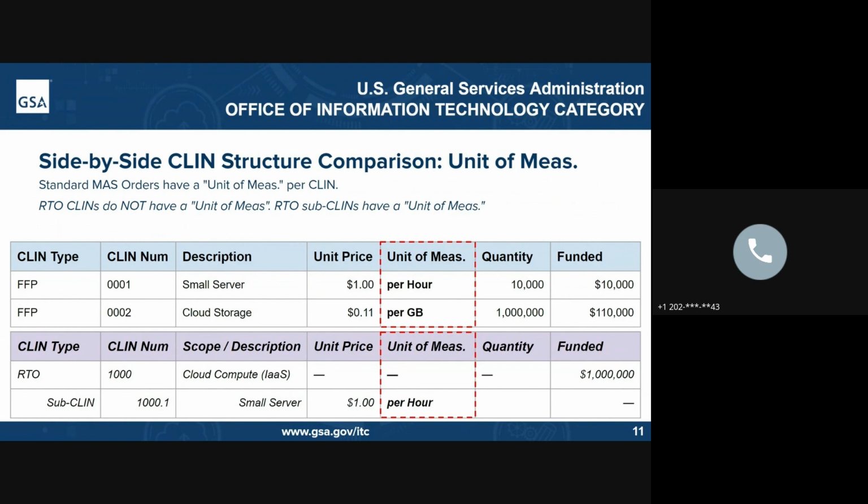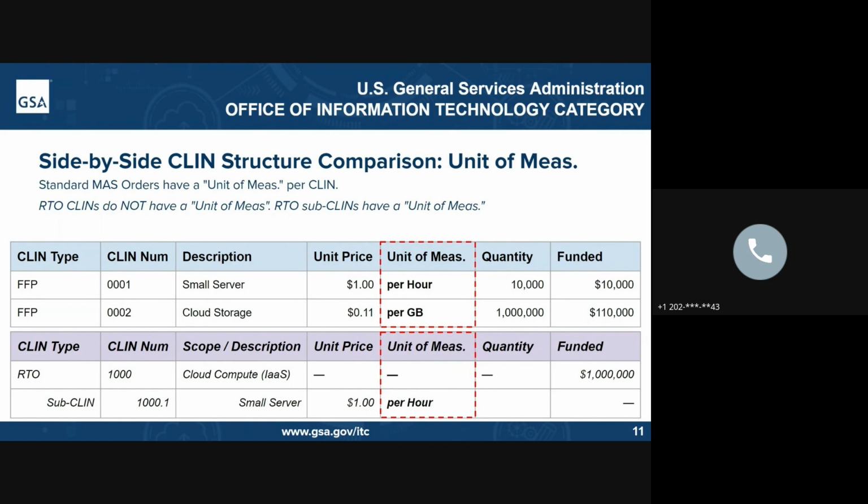Continuing to move to the right, when we look at unit of measure, you'll see again for a standard MAS order, every CLIN type has a unit of measure. In this notional example, per hour, per gigabyte, it is always relative to the item that you are procuring on that CLIN. Moving down to requirements task order, again, you'll note that there is no unit of measure at the requirements task order level.